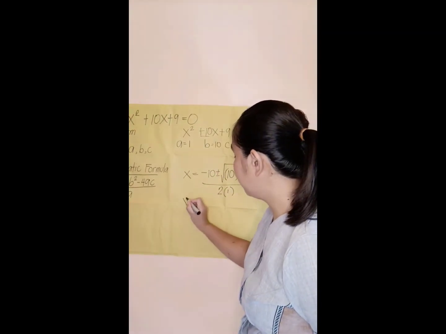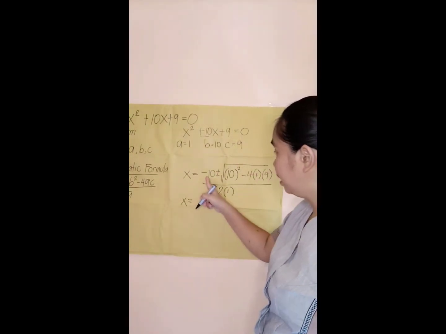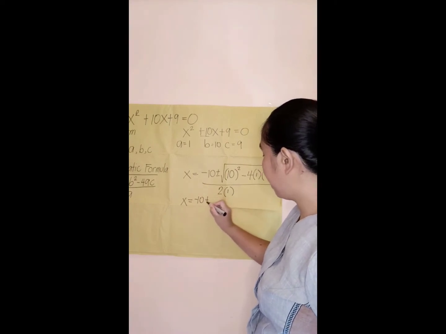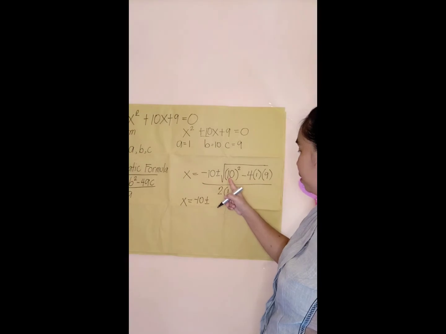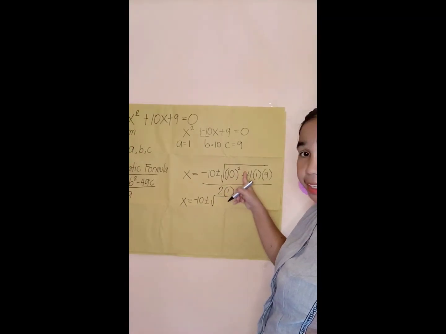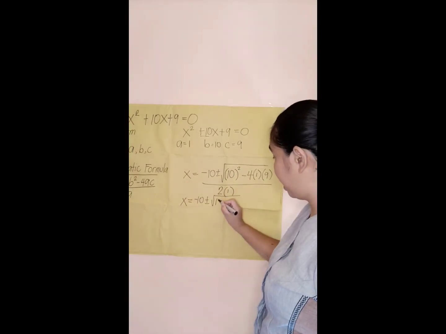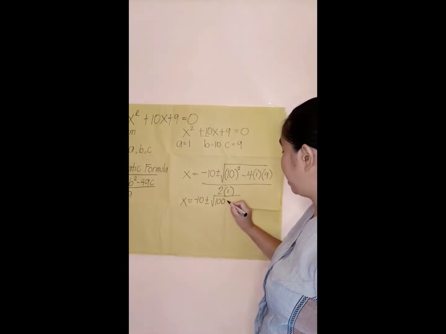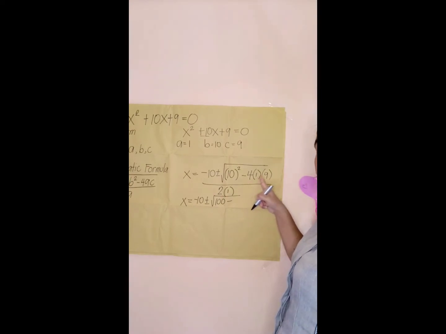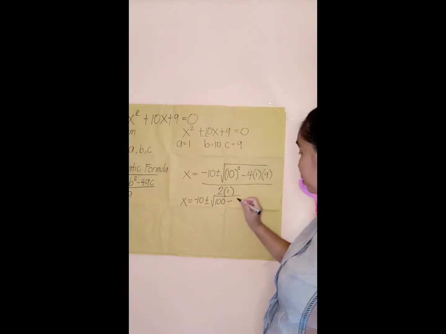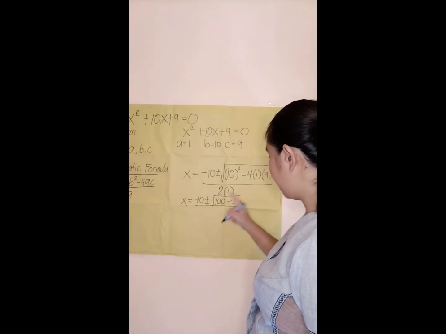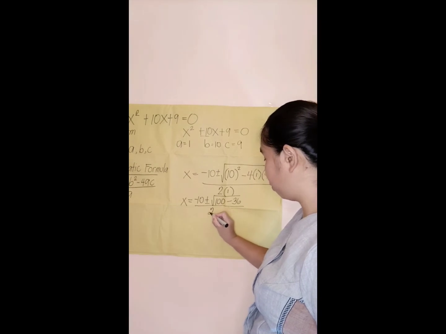So, x equals negative 10, copy again, plus or minus, ano yung square root of, what is 10 squared? That is 100. Minus, simplify mo to, 4 times 1 times 9 is equal to 36. Divided by 2 times 1 is 2.